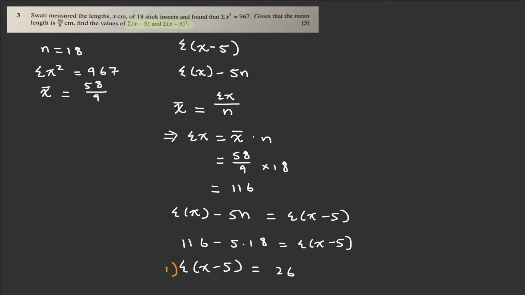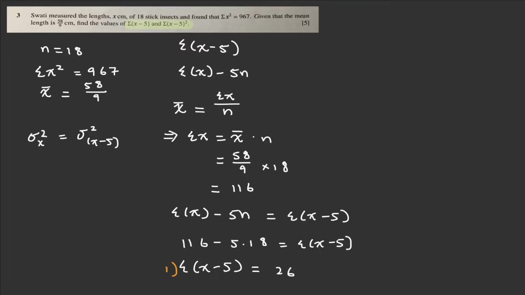So moving on to the second question, we have to find sigma x minus 5 squared. Well, we know that the variance or standard deviation of x is the same as the variance or standard deviation of x minus 5. We can prove this mathematically, but we'll do that another time.